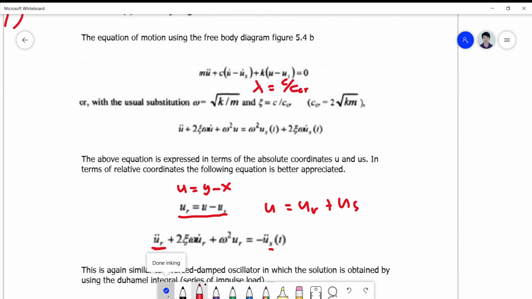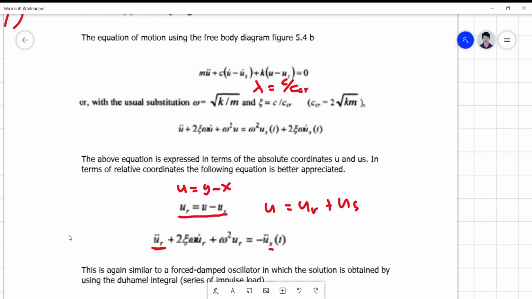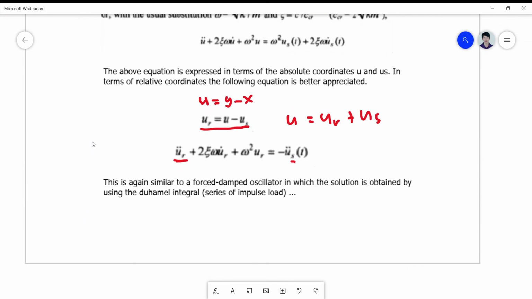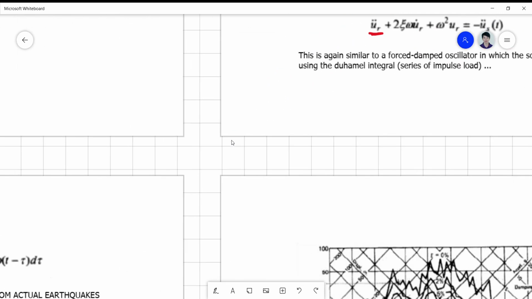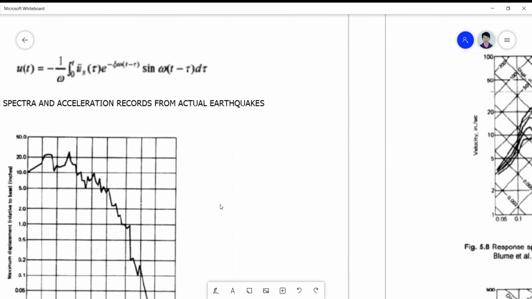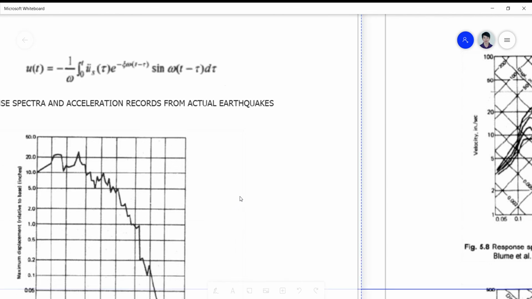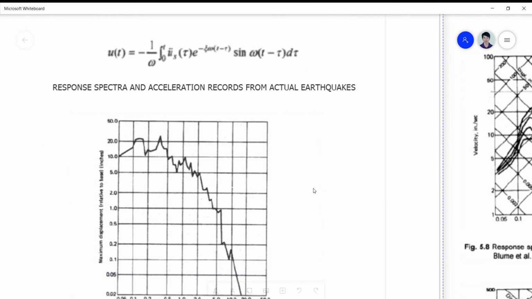So this is again similar to a forced damped oscillator, in which the solution is obtained by using the Duhamel integral, a series of impulse loads, from the first batch of lectures I gave you last year, last December.